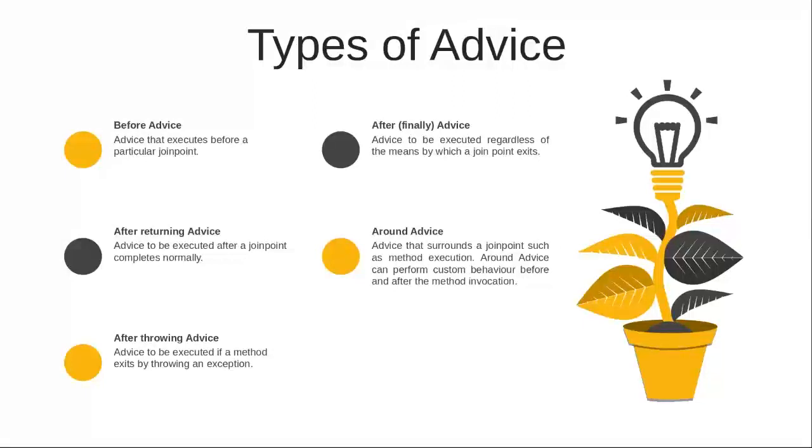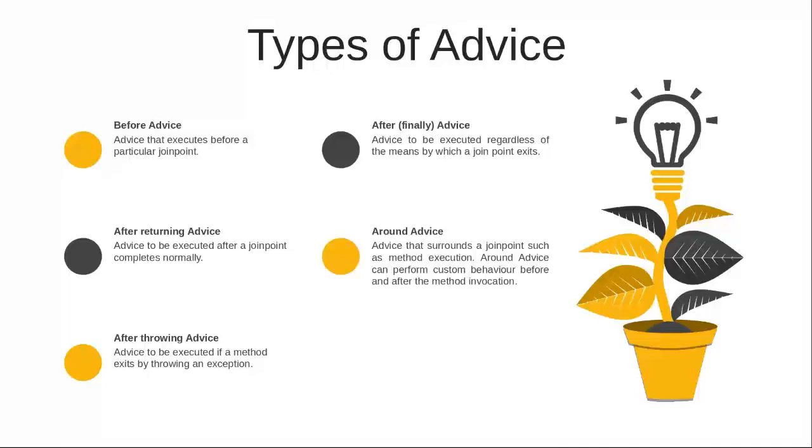Advice to be executed after a join point completes normally is known as after returning advice. Advice to be executed if a method exits by throwing an exception is known as after throwing advice. Next we come to after finally advice, that is, advice to be executed regardless of the means by which a join point exits.